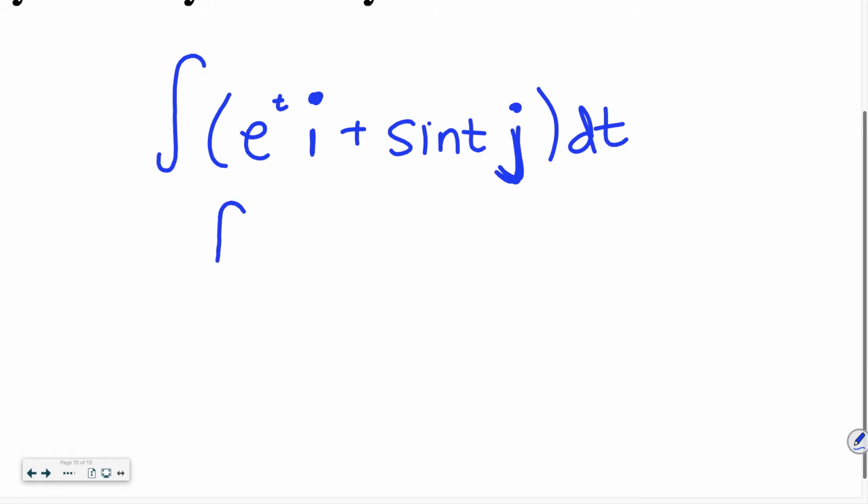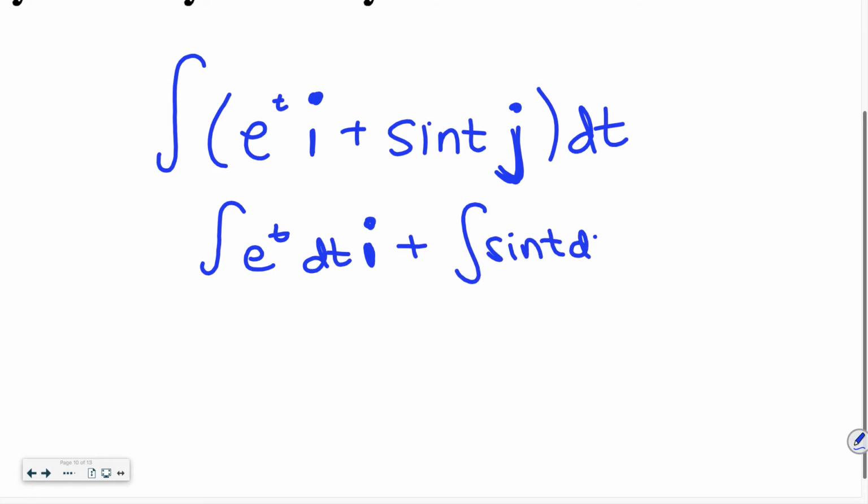Okay, so we're going to take the antiderivative of e to the t dt and multiply it by i. And then we're going to take the integral of sine of t dt for our vertical component.